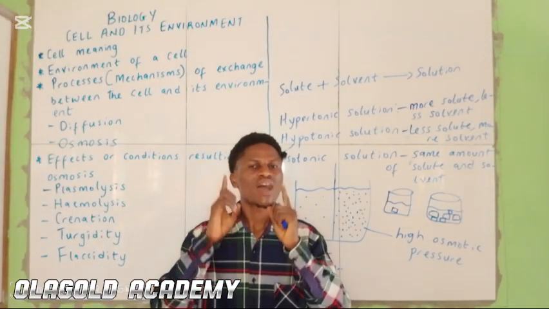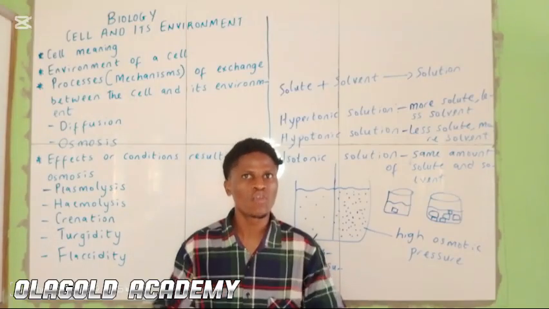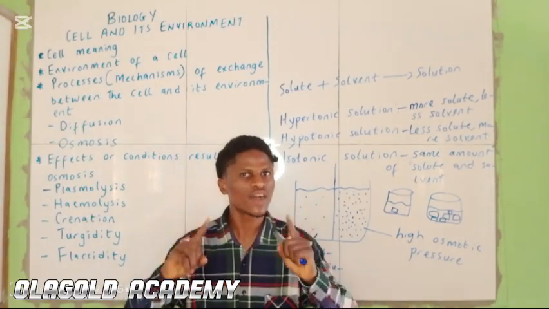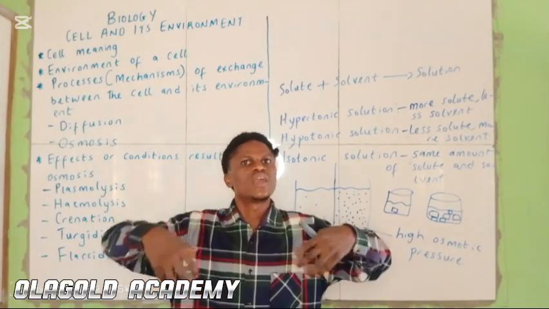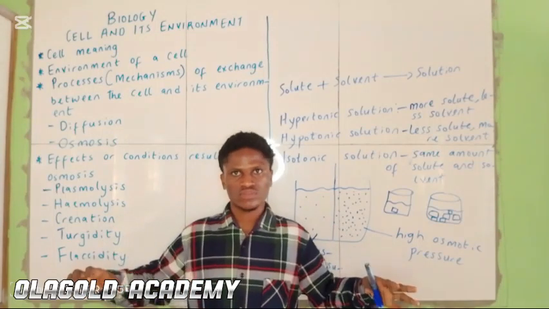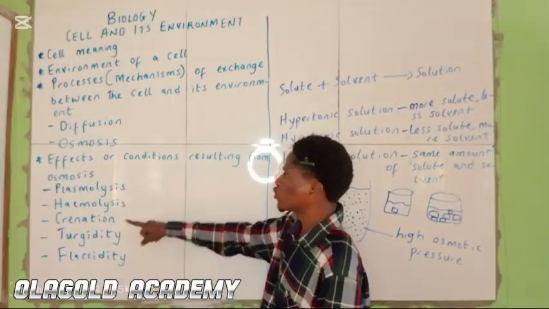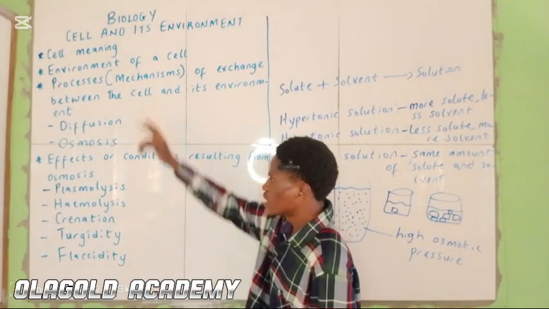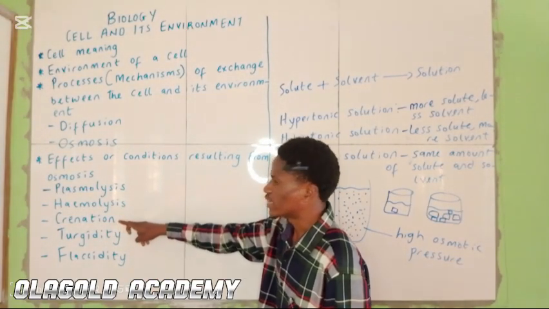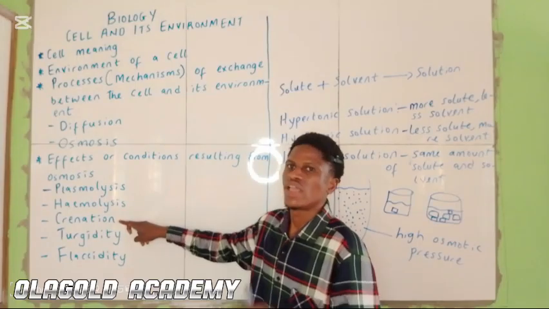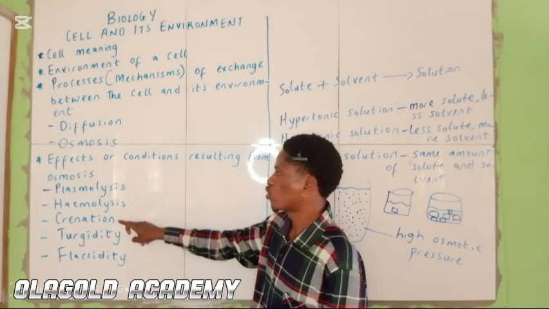So the outward movement of water molecules is referred to as what? Exosmosis. So exosmosis happens for crenation.